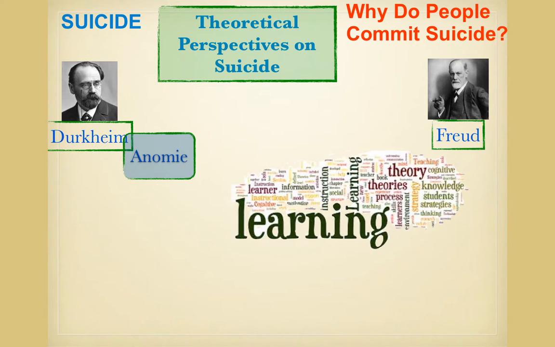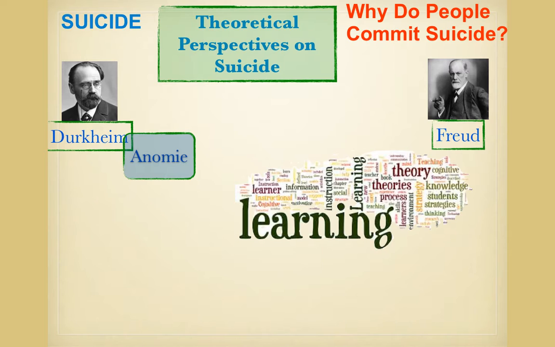Now, the learning approach looked to the possible reinforcing effects of threats or attempts and the effects on stress. They may, however, lack the effective problem-solving skills and see no other way to deal with some of their life stressors other than suicide.